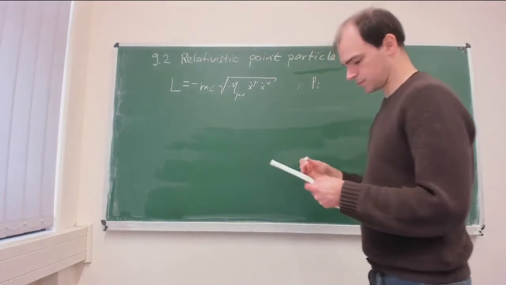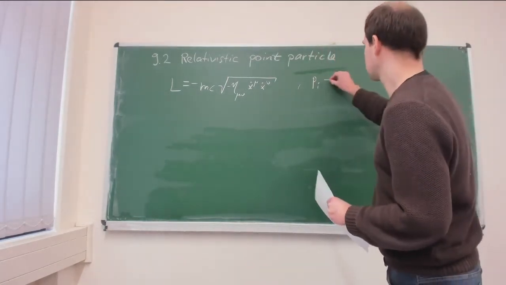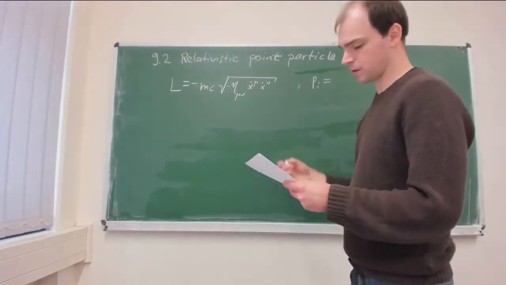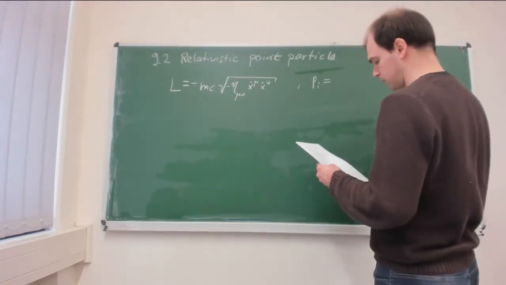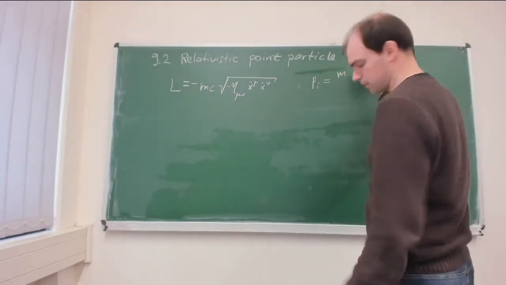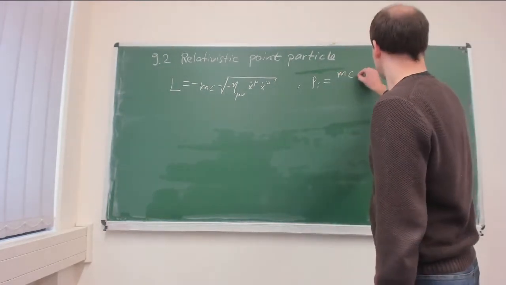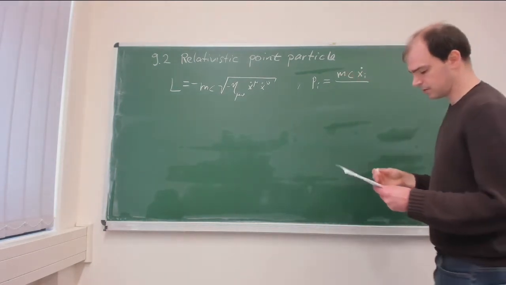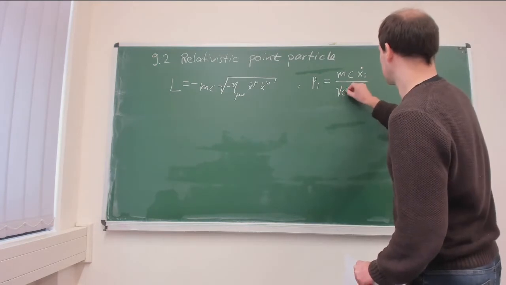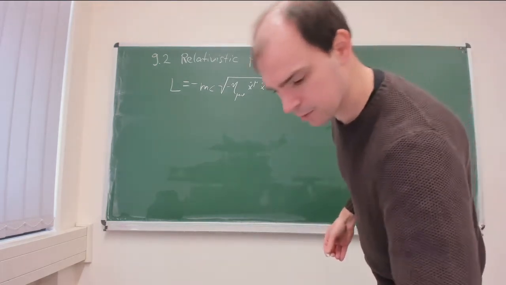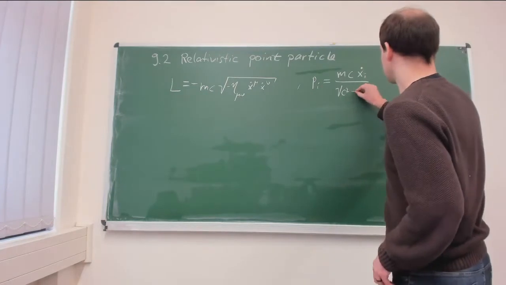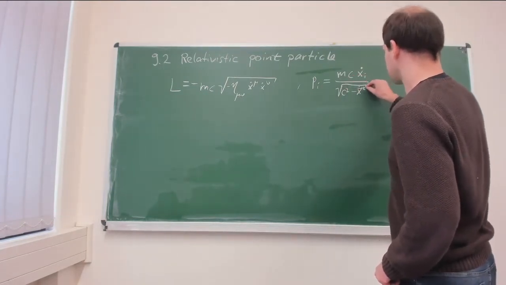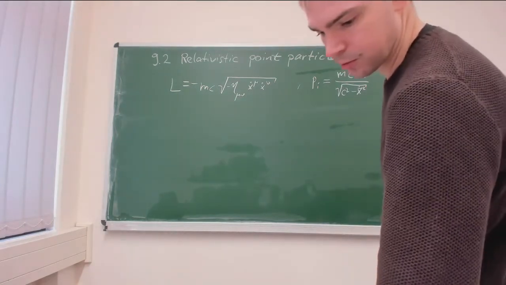If we again take the derivative of L with respect to the components x_i dot, you can write this as m c x_i dot divided by the square root of c squared minus x dot squared. So this is the expression for the momentum.